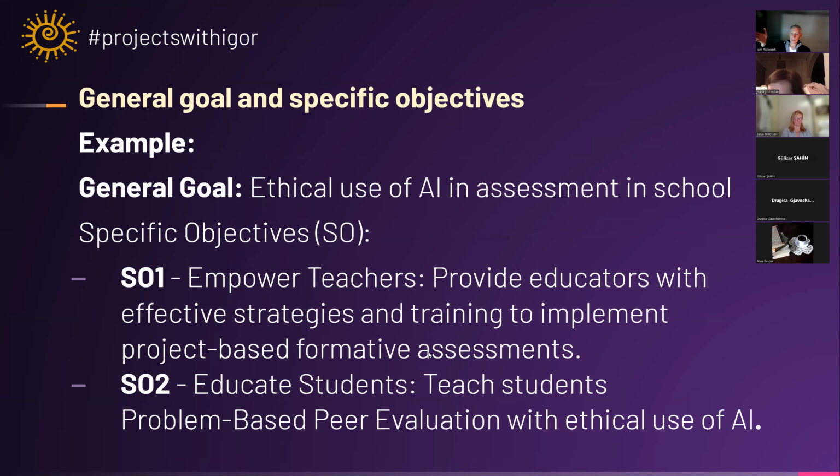Instead of a test at the end of the year, you will have steps during the whole year and try to figure out whether we are on the right track. So for specific objective one, how to teach teachers to use AI for formative assessment, and specific objective two, how to educate students to use problem-based peer evaluation with ethical use of AI.